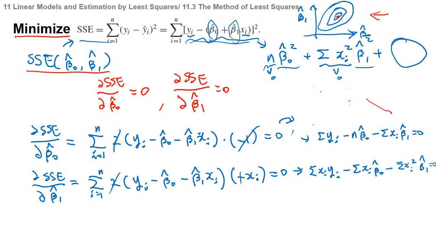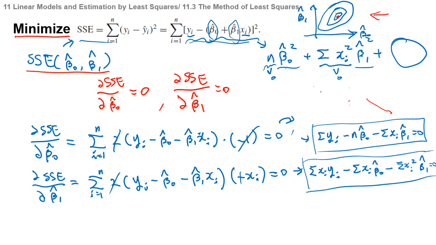So we have two equations, and we solve with respect to beta 0 hat and beta 1 hat. Then we will get the answer. I will explain it from the next slide.